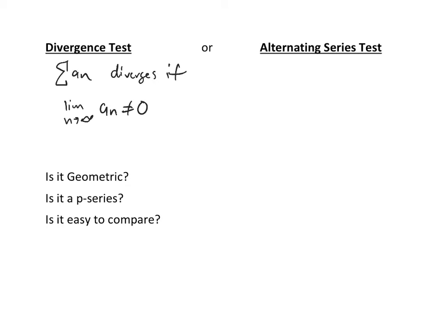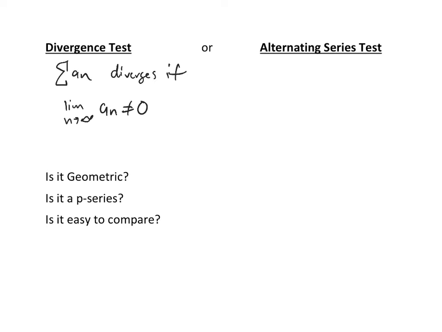So you just do the limit of the series terms, and it has to be 0 in order for there to be any chance that it converges. Because at some point you need to be adding 0, otherwise this thing's going to continue to grow. So we start there, and if you get 0 for your divergence test, then you have to keep going.